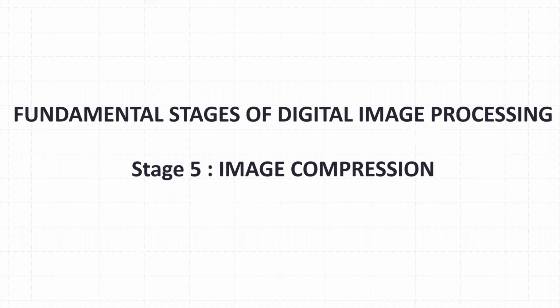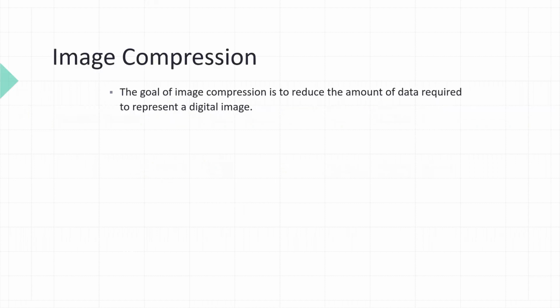Moving from the image segmentation stage towards image compression, stage 5 in digital image processing. Here, the main intention of image compression is to reduce the amount of redundant information in an image. Whatever redundant information is available, we can remove it and compress it.